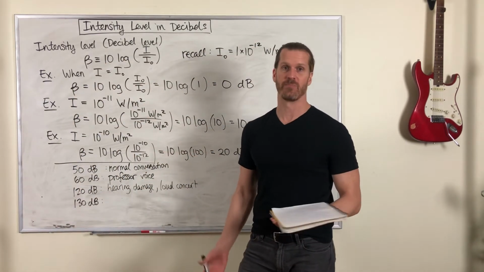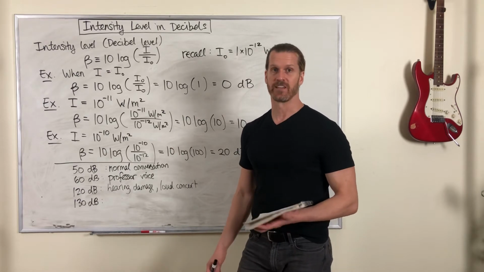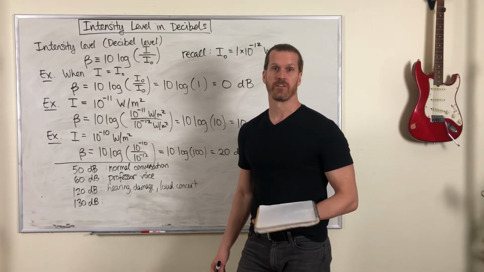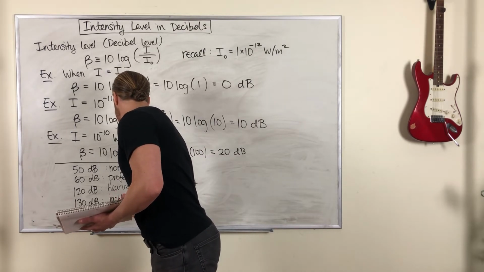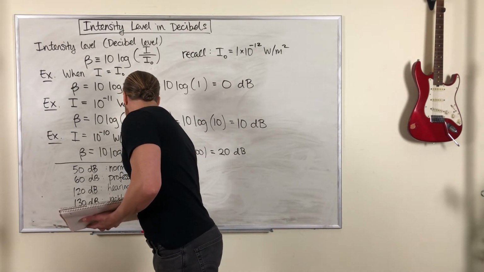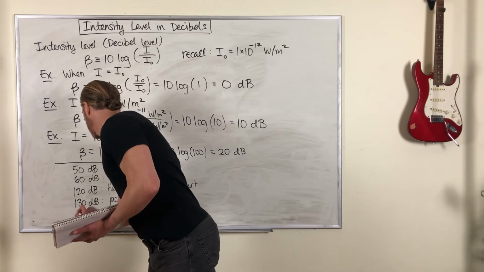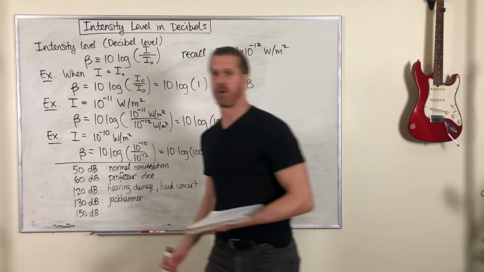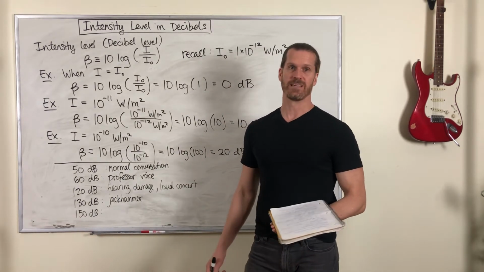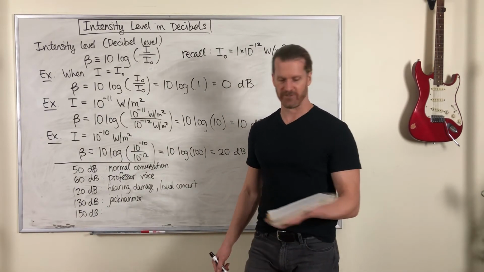130 decibels could be some heavy machinery like a jackhammer or a gun. 150 decibels would be if you're standing next to a jet engine.